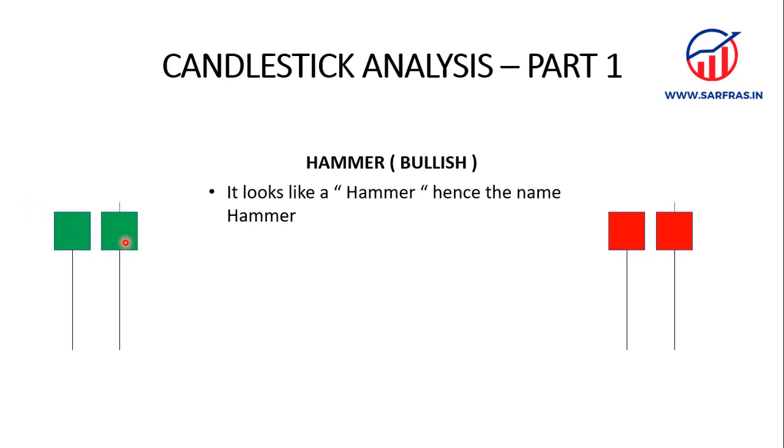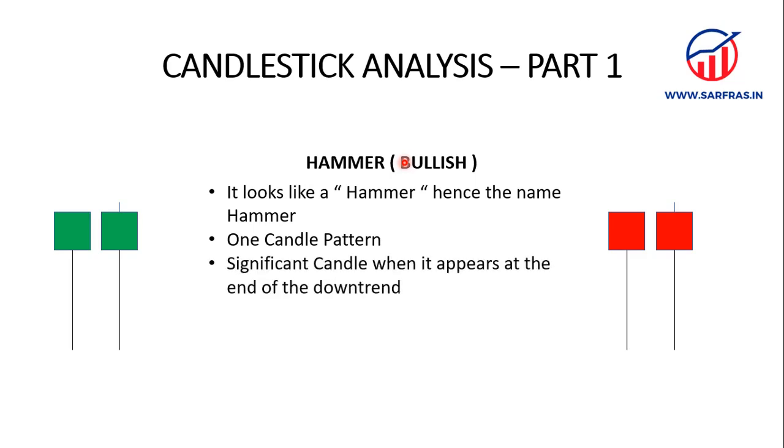It may be green or it may be red. What it implies is whenever a hammer is there, the next possible move would be bullish. A hammer could have a small body and a long tail, or a small body, long tail with a very small wick upwards. Again, it's a one candle pattern.